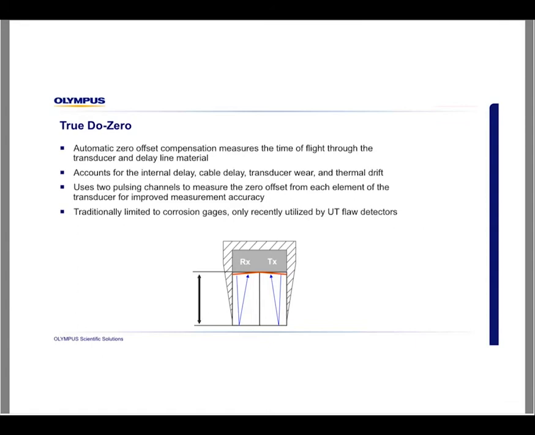So by taking a zero offset calibration from both transducer elements every time you connect a transducer and every time you hit the do zero function, because it's just a single button press within the software, it continuously optimizes the transducer and adjusts for that zero offset so you can get consistent thickness measurements.